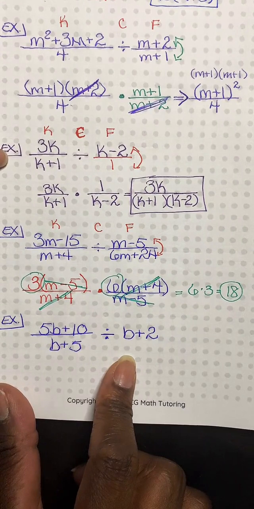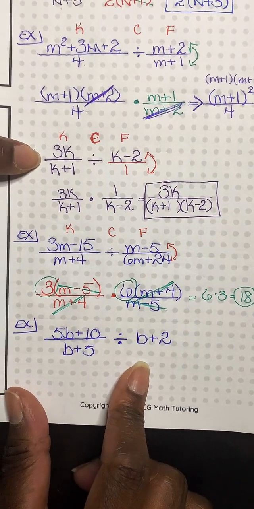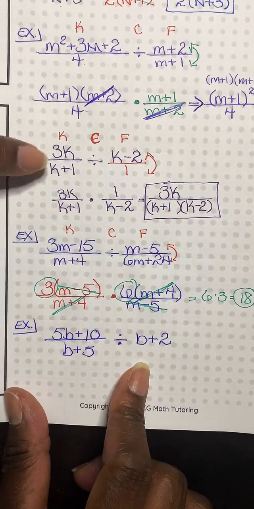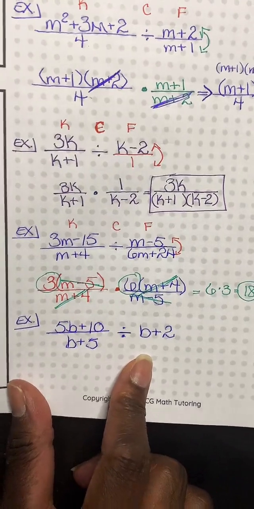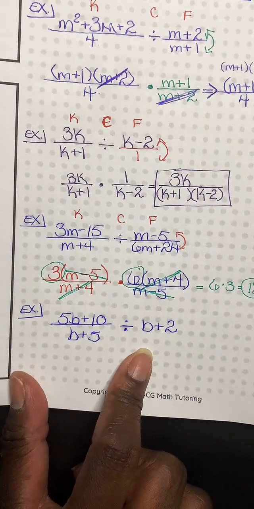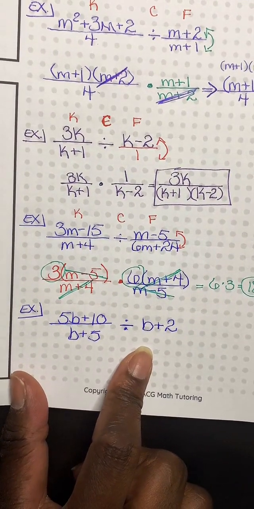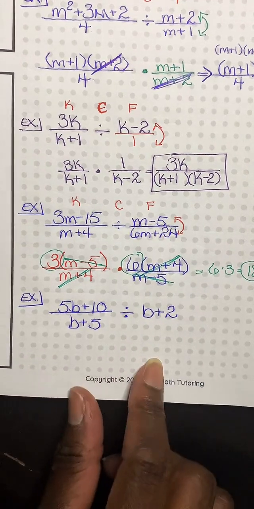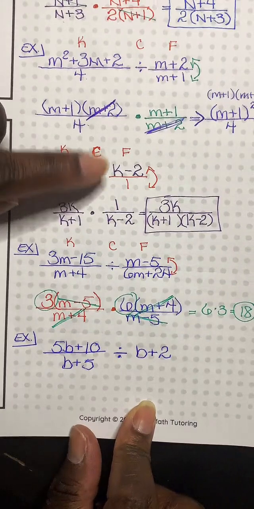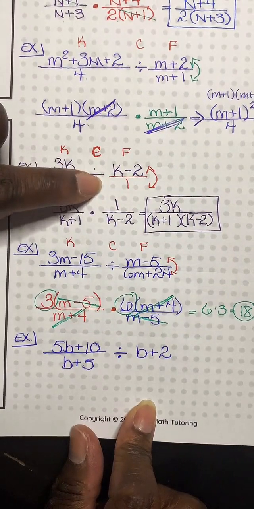What we did right here. Remember this problem right here, what we did? There you go. Okay, yes. So that's what we want to do when they don't give you a denominator.